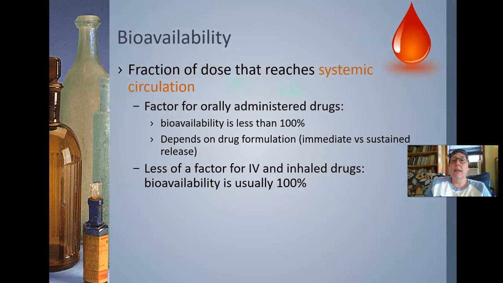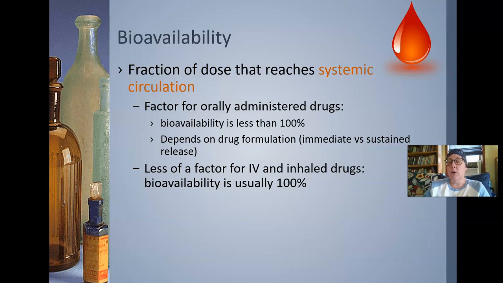Okay, so that brings us to bioavailability, and obviously grapefruit juice can affect the bioavailability of certain drugs. The term bioavailability refers to the fraction of the dose that you've swallowed that actually reaches systemic circulation. So for an orally administered drug, the bioavailability is always less than 100% because of first pass metabolism.